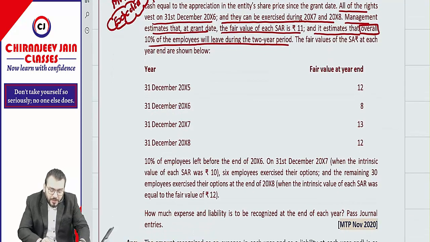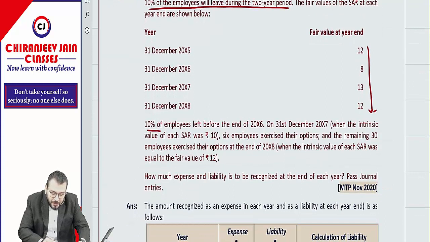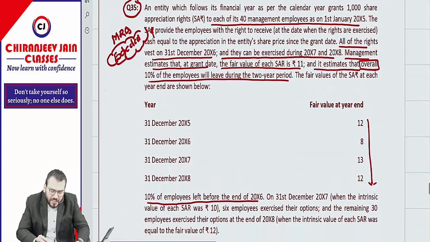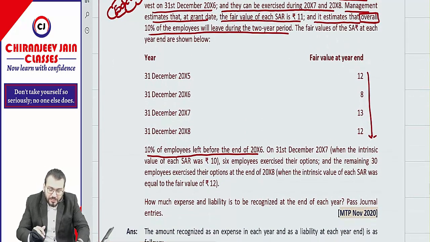Now they have given the fair value as on year end 1, 2, 3, 4. 10% of employees left before the end of 2006. Can I say what was estimated actually happened? They estimated 10% and actually 10% left also.